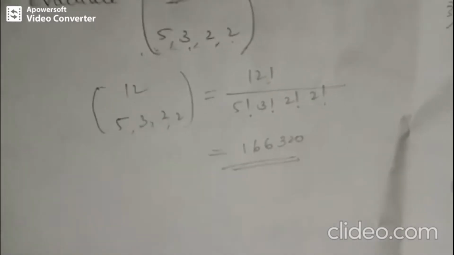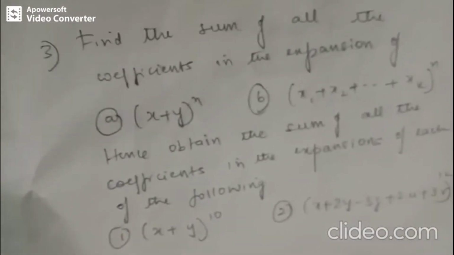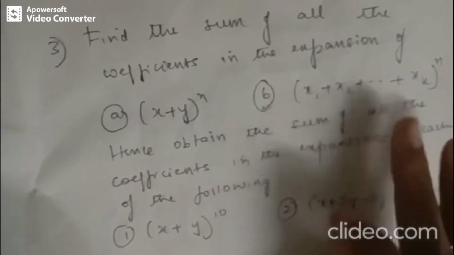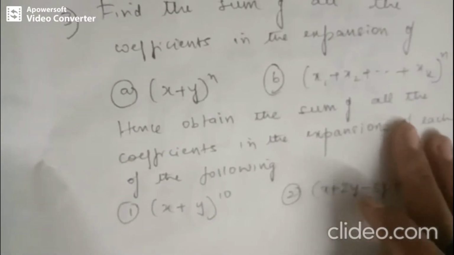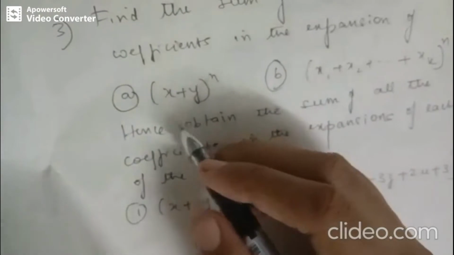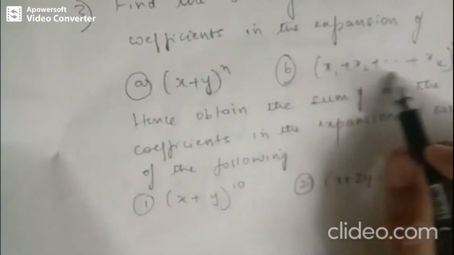So coming to the next problem. In this problem, you are given the sum. You are supposed to find the sum of all the coefficients in the expansion of the given terms. The first term is a binomial and this is the multinomial term.